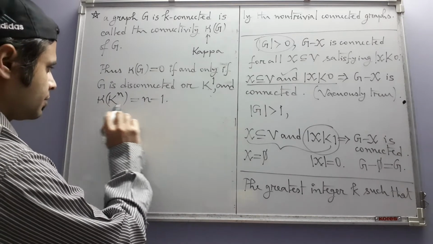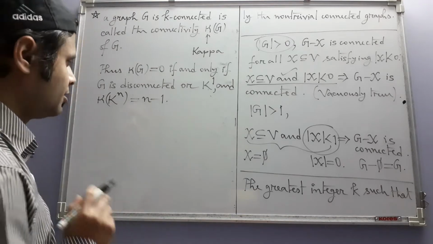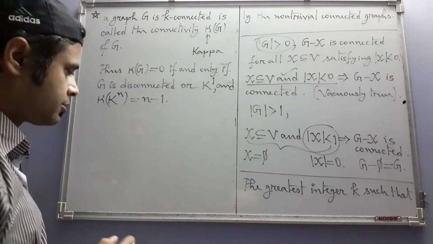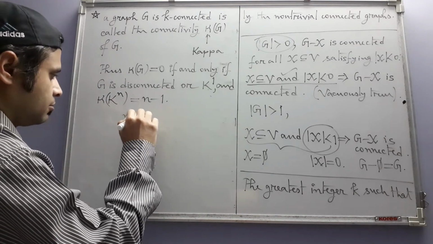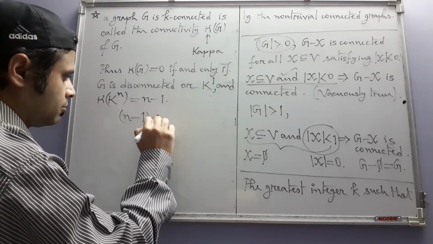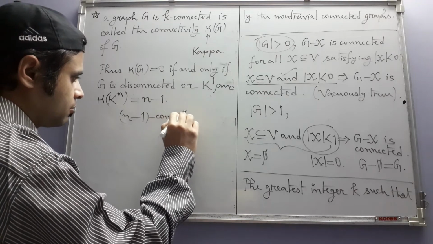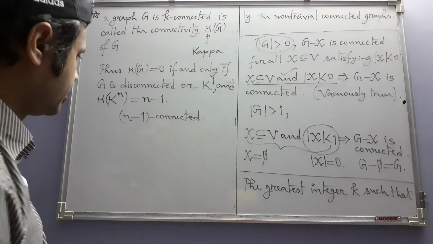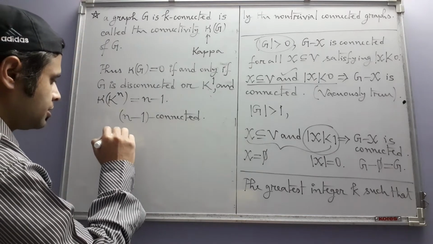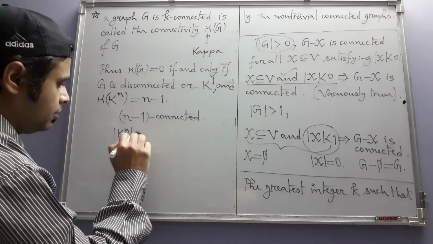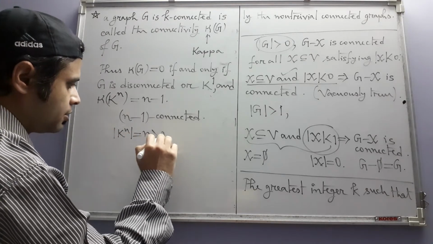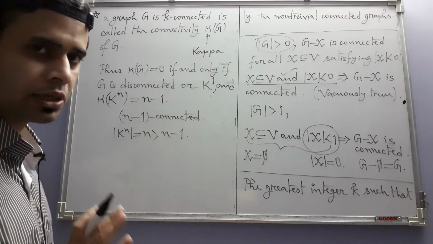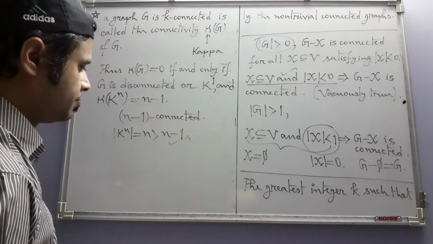Note that to prove this one, we need to just show that Kn is n minus 1 connected. Is Kn n minus 1 connected? Let's see. What is the number of vertices in Kn? n. So this is greater than n minus 1. So the first condition for n minus 1 connectedness is true.